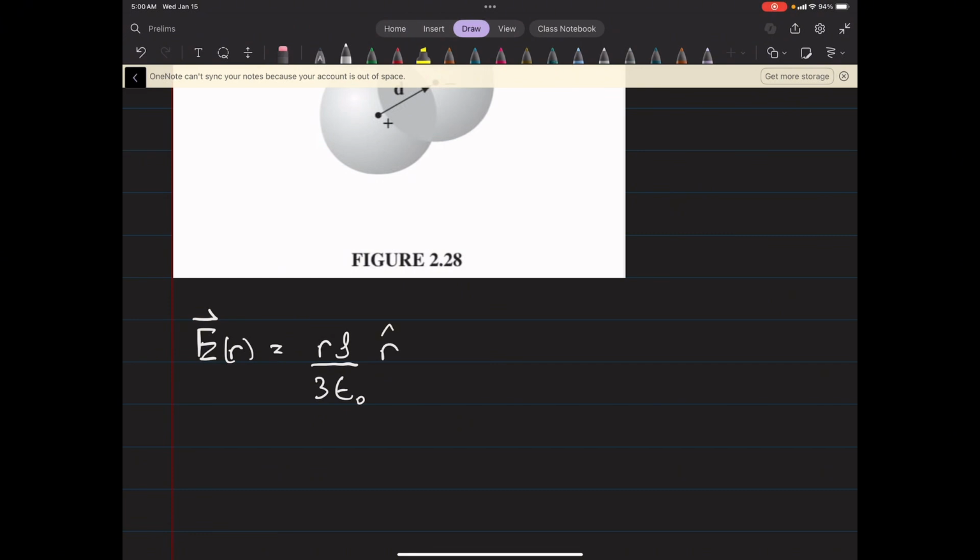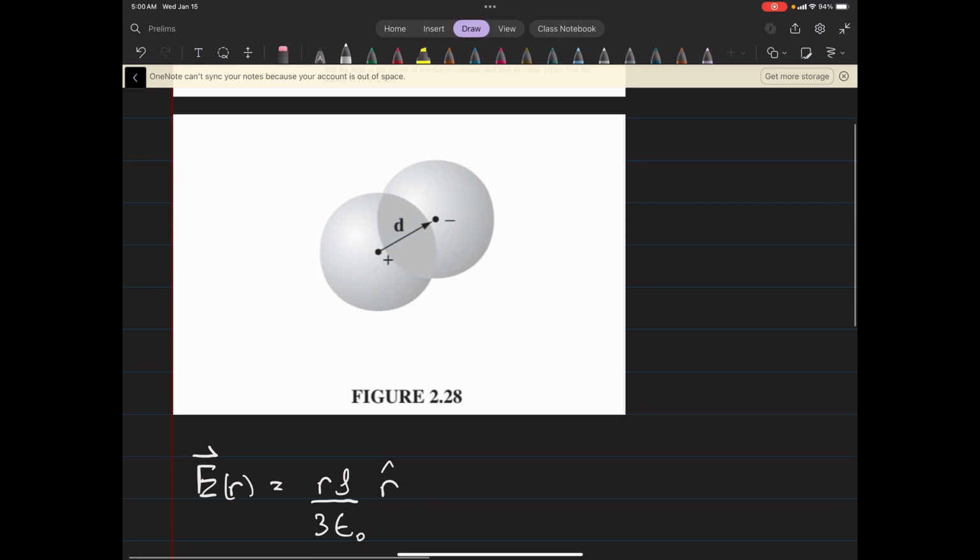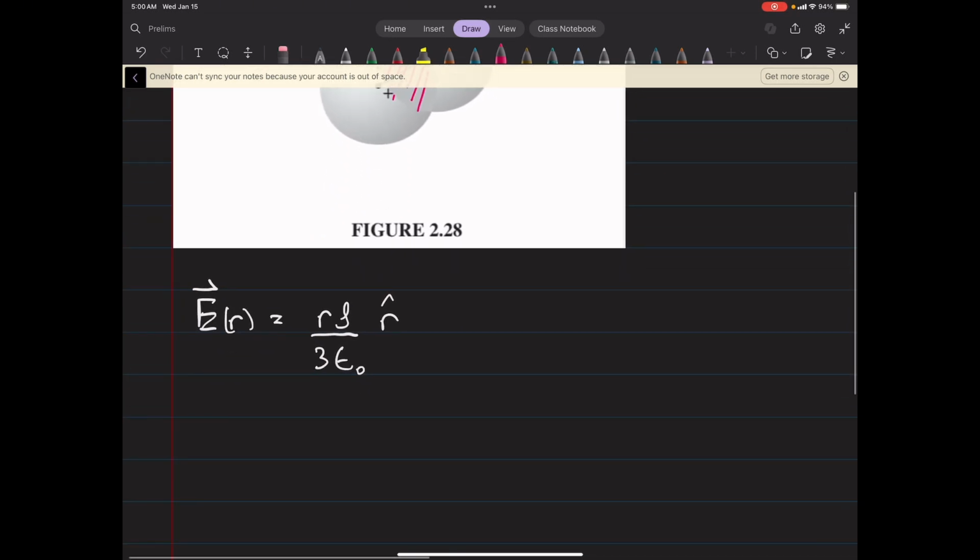Now in this overlapped region, hopefully you can see that the electric field there, which I'll call E sub t, E total, is the electric field from the sphere carrying the positive charge density plus the electric field from the sphere carrying the negative charge density.